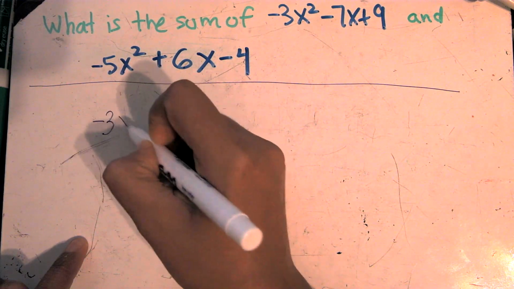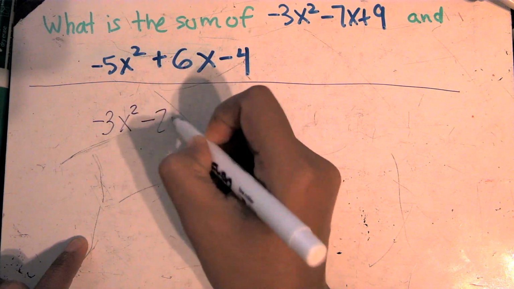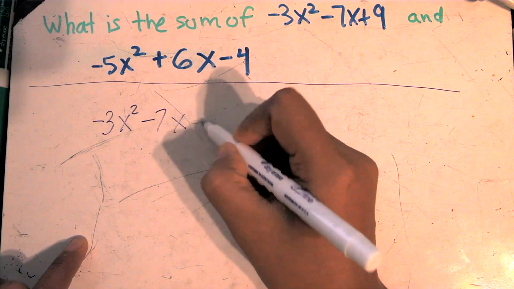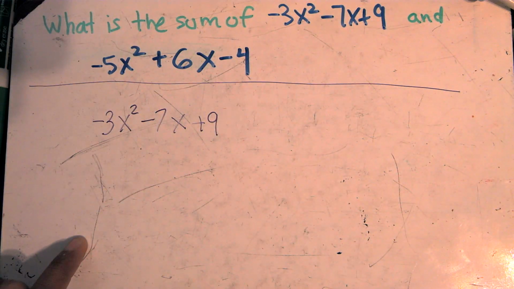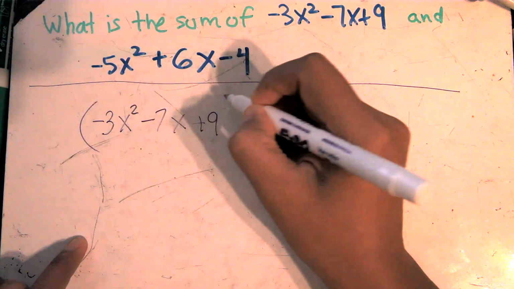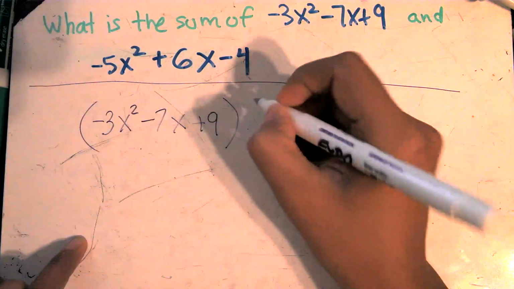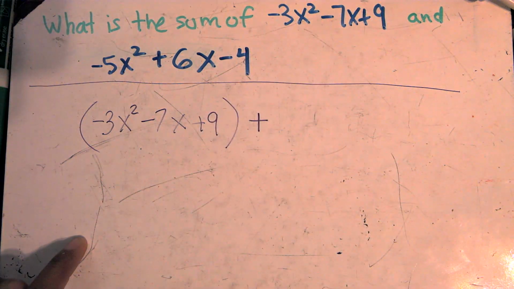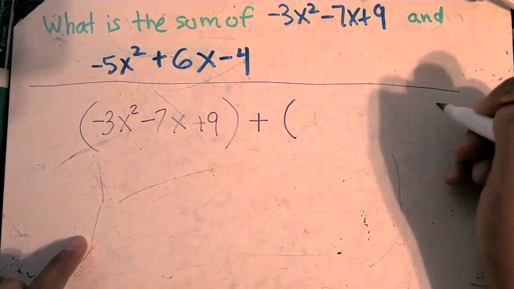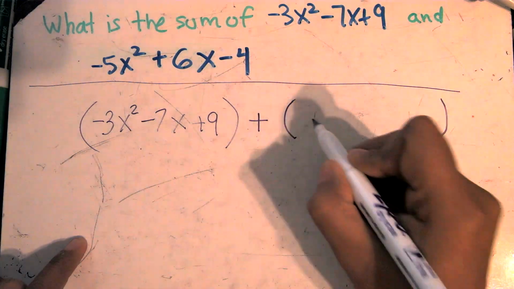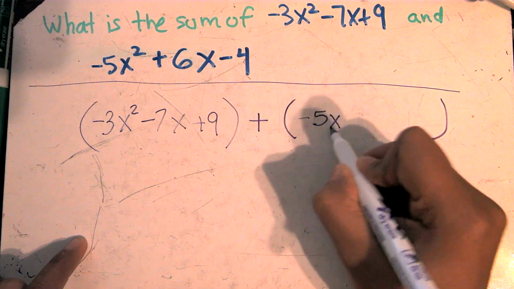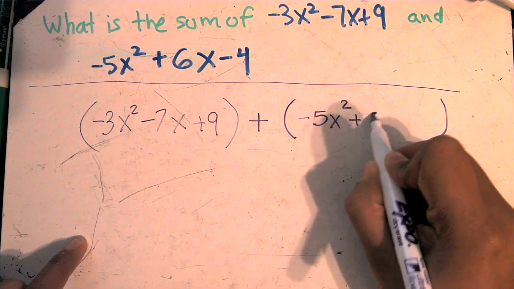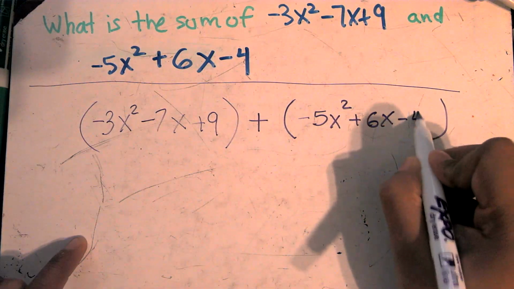Negative 3x squared minus 7x plus 9. So that's the first polynomial in the word problem. And then the addition symbol because of the word sum. And we have negative 5x squared plus 6x minus 4.